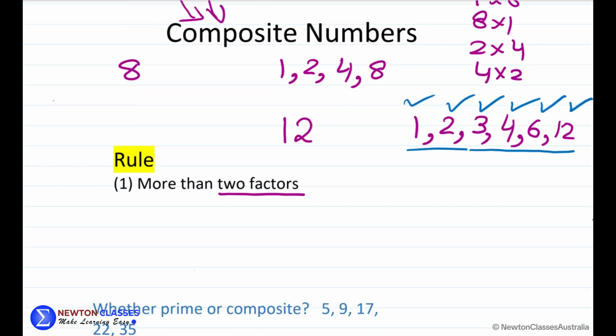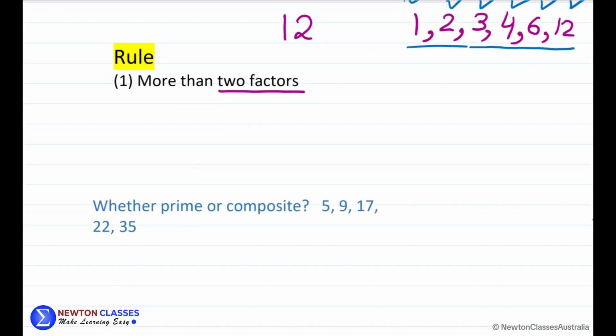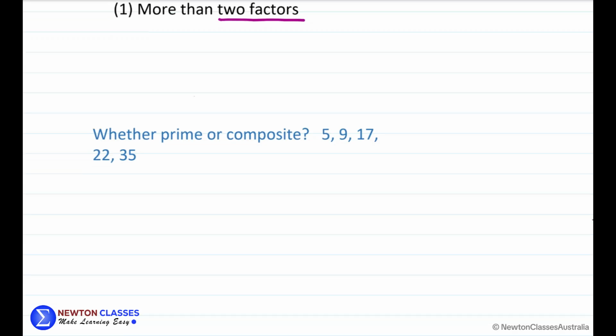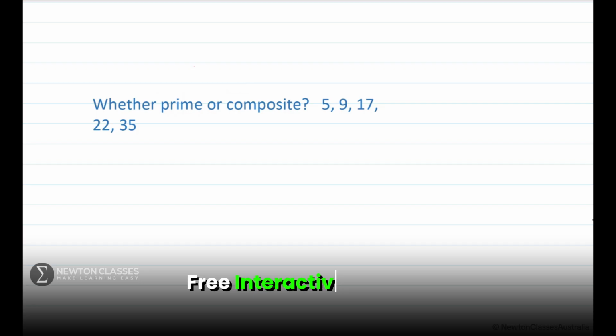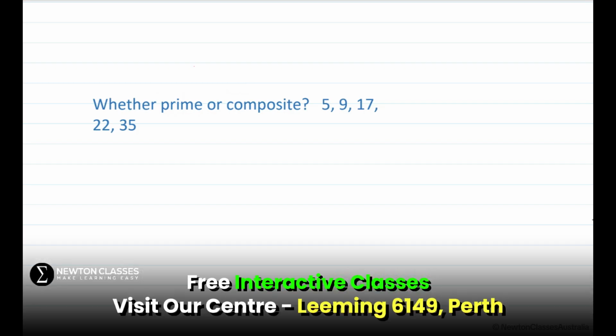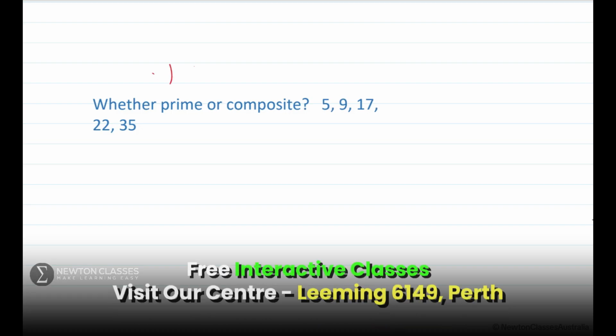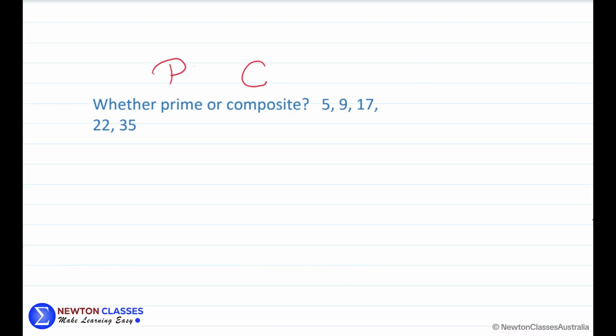Let us move on and try to see what could be different types of number. Let's say we are given a question in exam, a list of numbers is given and we are supposed to find which are the prime numbers or composite numbers. So if anything is prime, I will write P, anything composite, I will write C. Let us start with 5. What are the factors for 5? 1, 5, therefore this is a prime number.